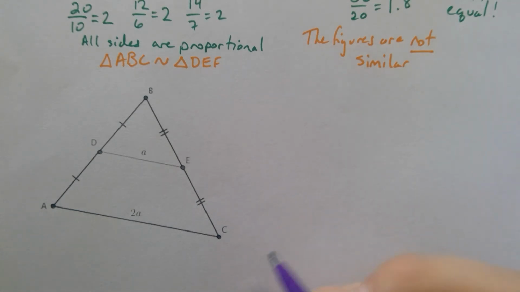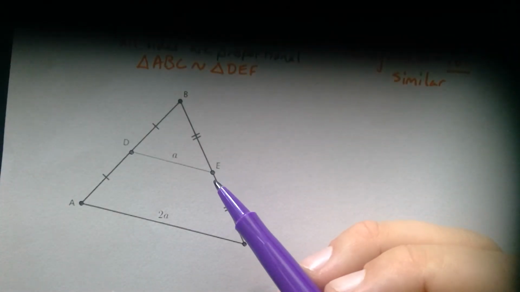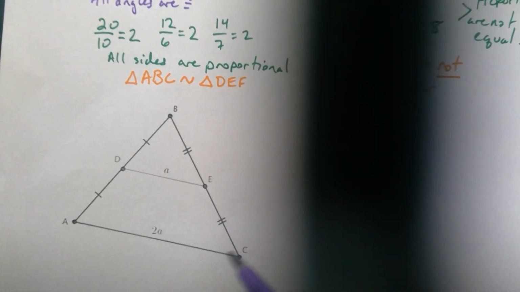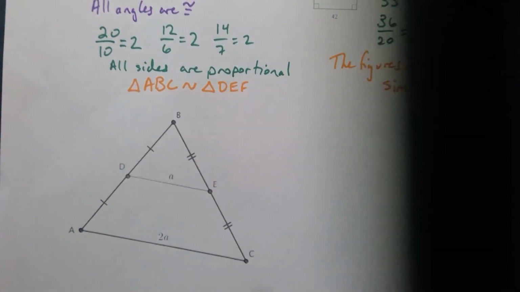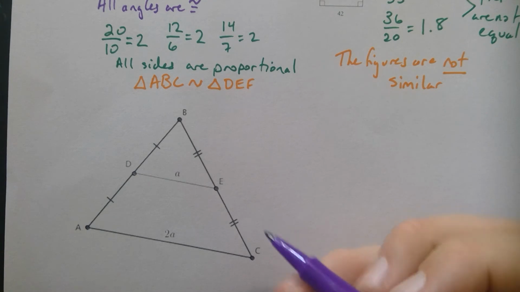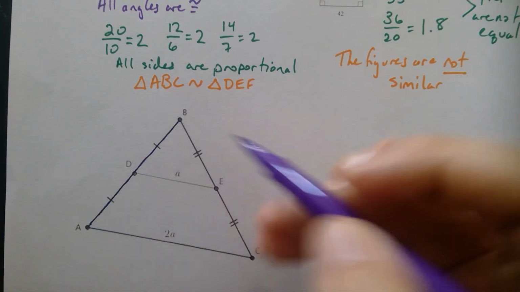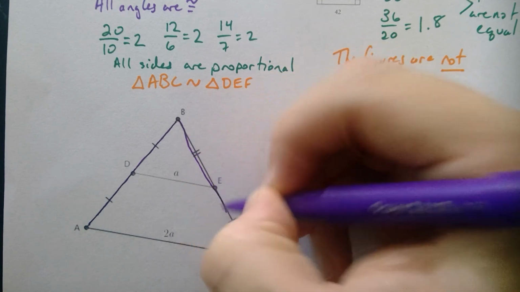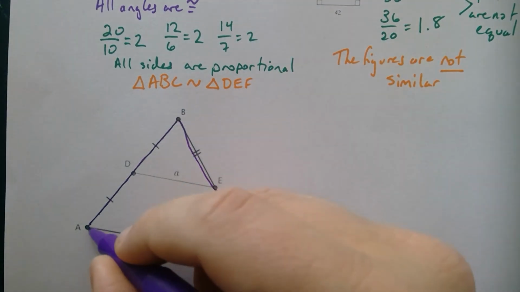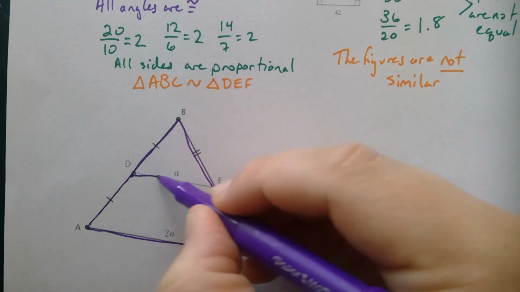So if we look at our angles first, we have our big triangle here, our little triangle here.